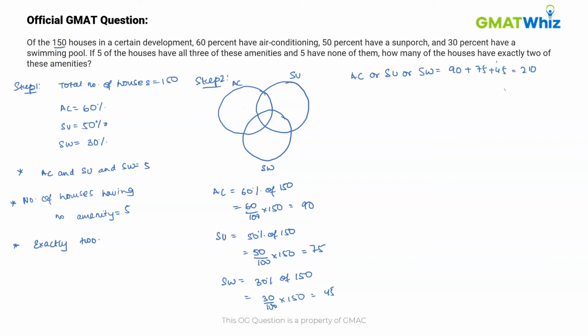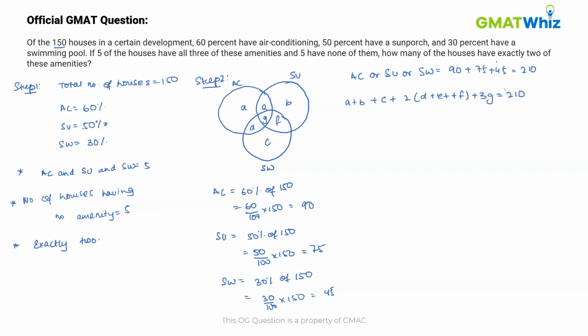Now, if we name the regions as A, B, C, D, E, F and G, we can write that A plus B plus C plus 2 times D plus E plus F plus 3 times G is equal to 210. Since this gives us all the houses which have the amenities of air conditioning or sun porch or swimming pool.